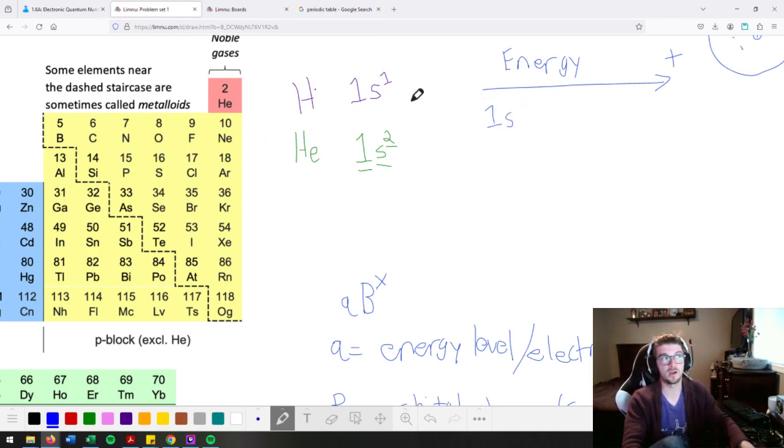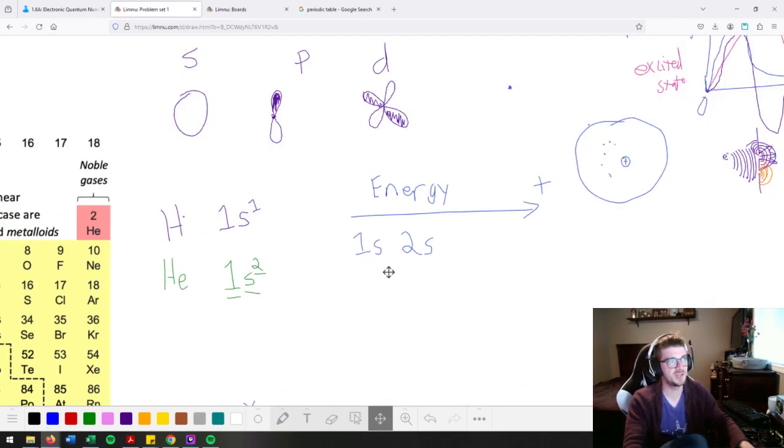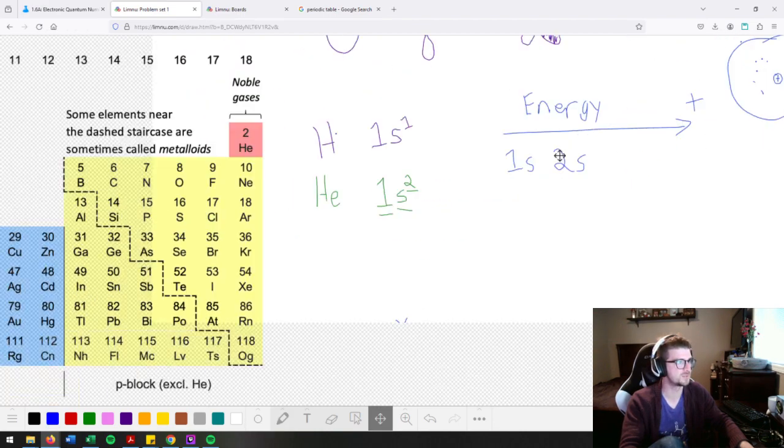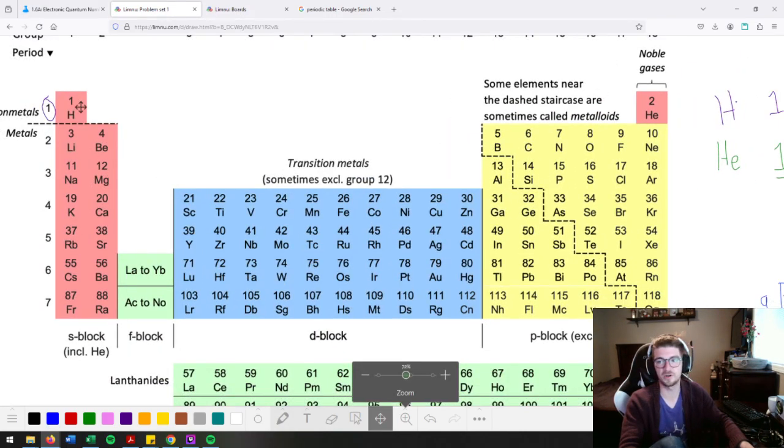There is only a 1s orbital in the energy level number 1, and the next lowest energy is a 2s orbital, because we start here at hydrogen, and we go way over here to fill up the helium orbital with electrons. Then we have to start back at the next row of the periodic table.